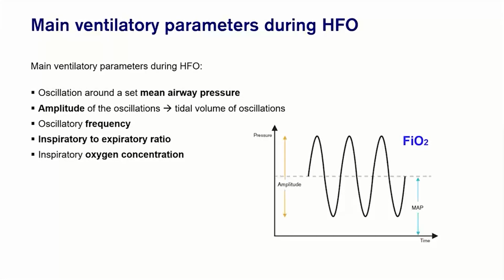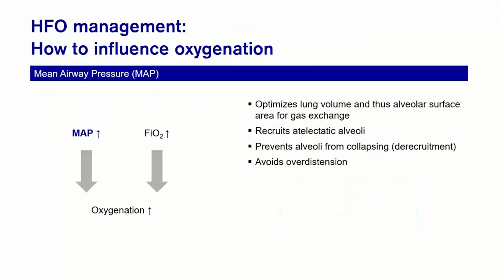And there we see that with an I/E ratio of 1:1, really the mean airway pressure in the lung is equal to the pressure we see at the airway opening. However, the more I go to 1:2 or 1:3, the mean airway pressure in the lung will be below that what we see at the airway opening. And then finally we have the oxygen concentration.